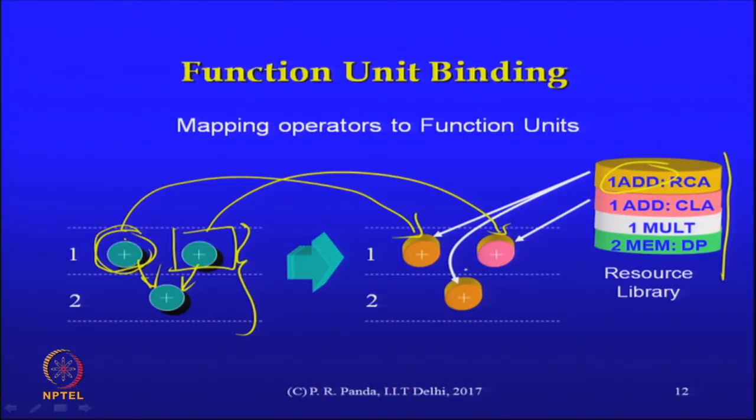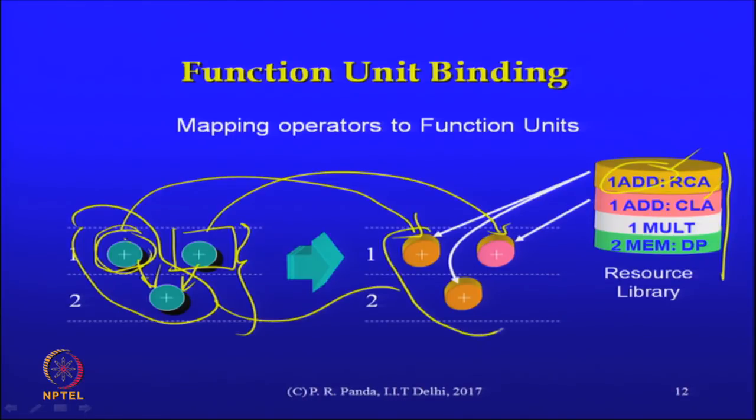Here the decision that we have made is that there are two adders, one of this type and the other of this type, and these two operations would be mapped onto the same adder. That is what that color coding is indicating. The same adder here is the ripple carry adder, and the other operations would be implemented on that other component. There is an algorithm that would be deciding it, but this is the end result of the function unit binding step.